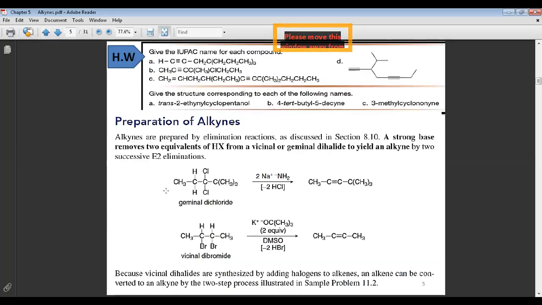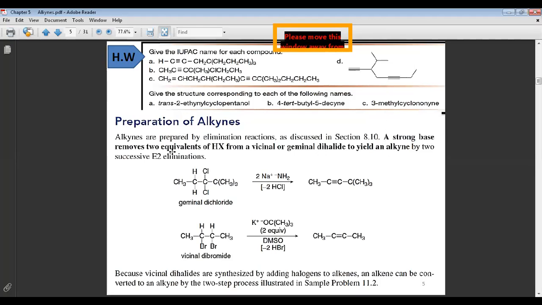Look, alkynes are prepared by elimination reactions. What does elimination mean? It means removal. Elimination reaction, like E1 or E2. What is the difference between E1 and E2?